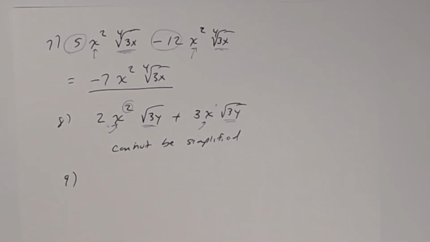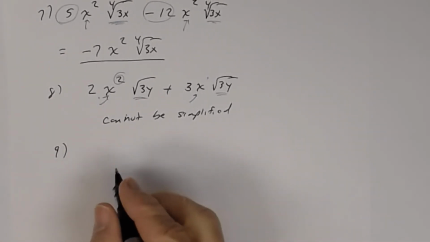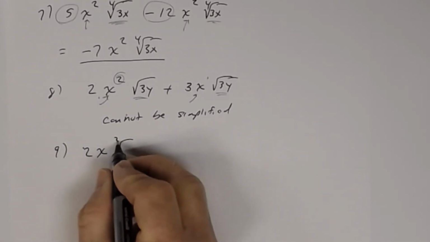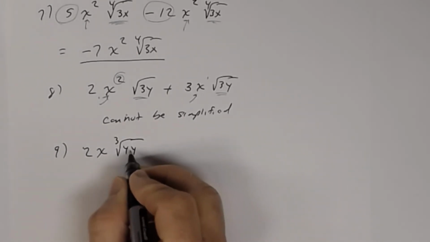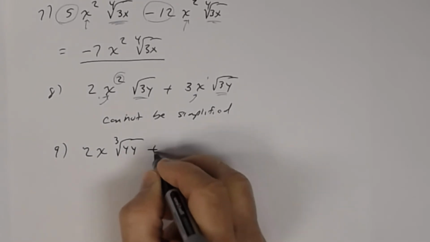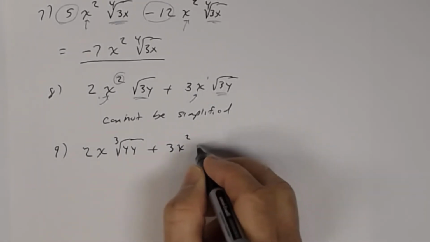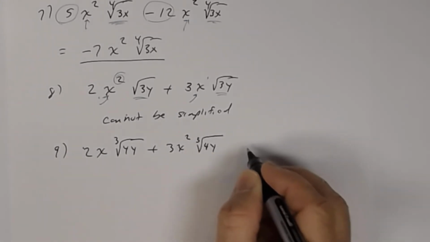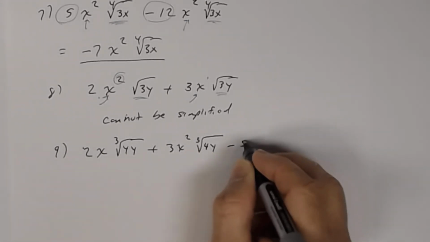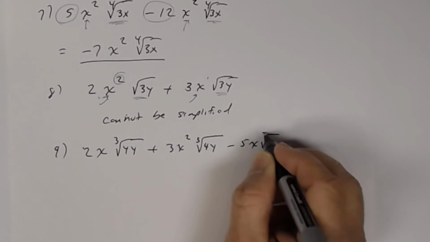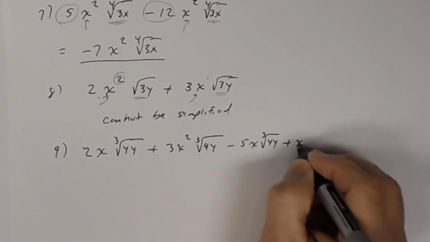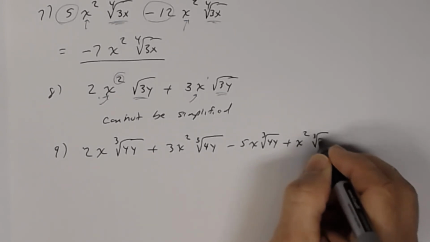Number 9, okay, final one. Let's suppose we had this. We had 2x cube root of 4y plus 3x squared cube root of 4y minus 5x cube root of 4y plus x squared cube root of 4y.